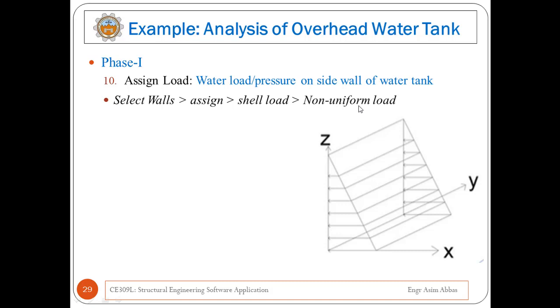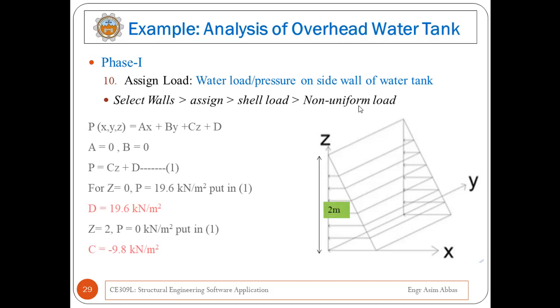For the non-uniform load application, there is a function available in ETABS, and the function is equal to AX plus BY plus CZ plus D, where A, B, C and D are different constants. In case of water pressure on the side wall of the water tank, A and B will be equal to 0 because the load is only distributed along the Z direction, right? So the equation becomes P equals CZ plus D, right?